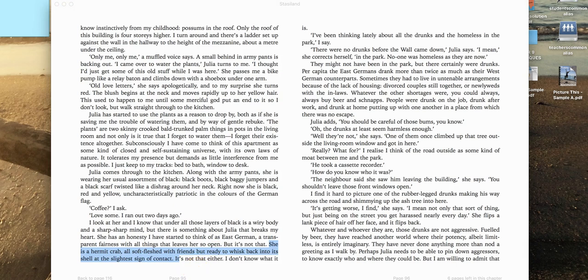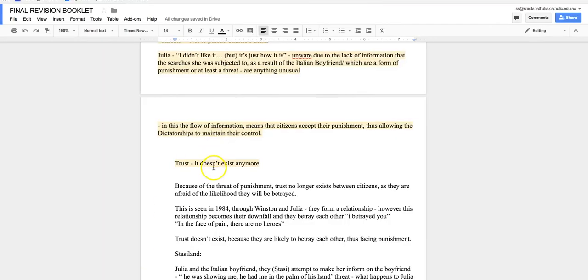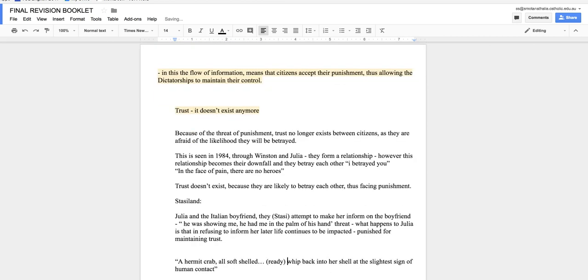Miss Brooks's version copies. A hermit crab, all soft-shelled. Whip back into her shell at the slightest sign, and I put ready in brackets, human contact, right?